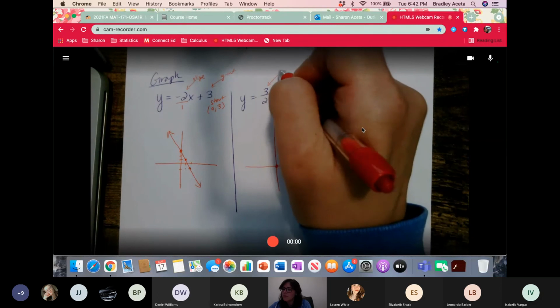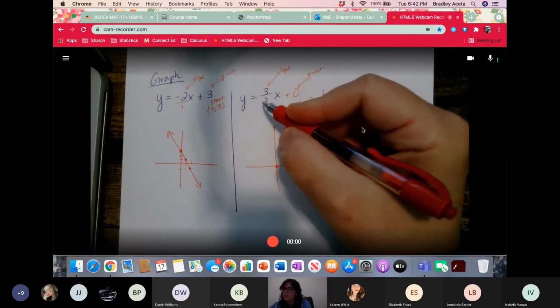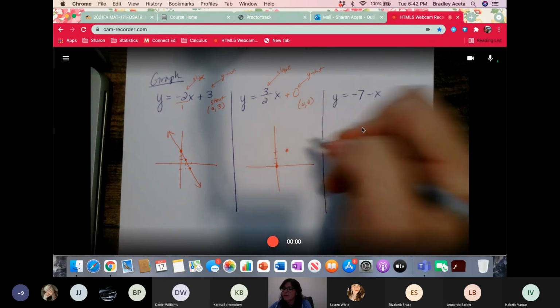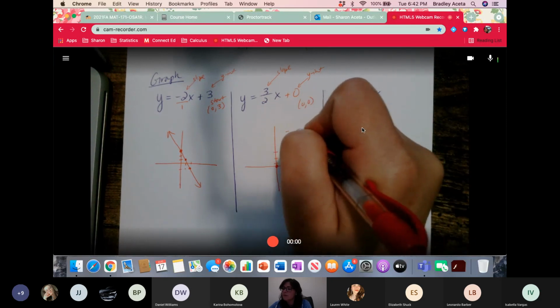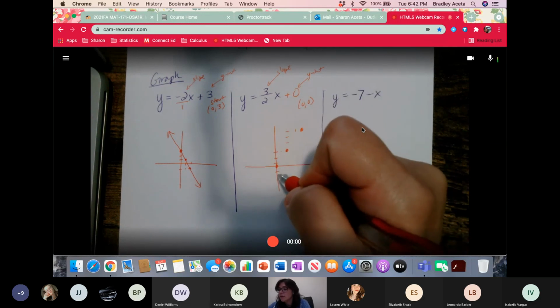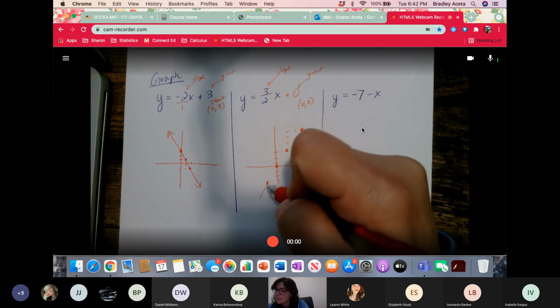And my slope, again, I rise 3, I run 2. 1, 2, 3, 1, 2, make a dot. 1, 2, 3, 1, 2, make a dot. And you can go the opposite way, down 3, left 2, and you should still land on the line.